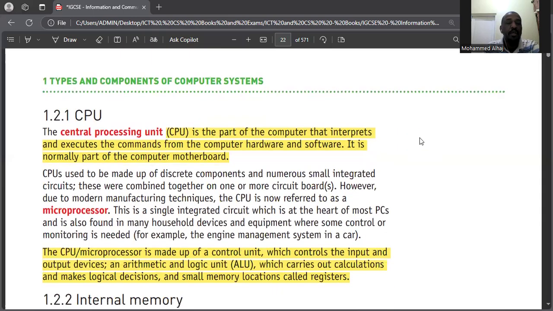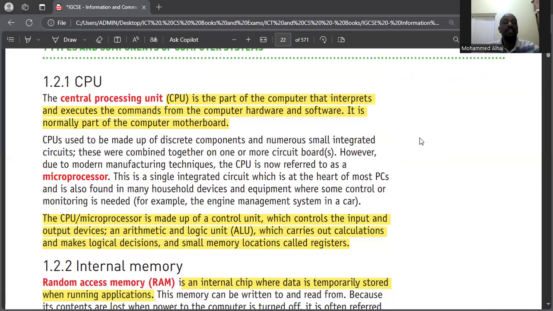Next, we need to talk about the Central Processing Unit. The Central Processing Unit, or CPU, is the part of the computer that interprets and executes the commands from the computer hardware and software. We also call it the computer brain. It is the main part responsible for the execution of commands and instructions inside the computer.